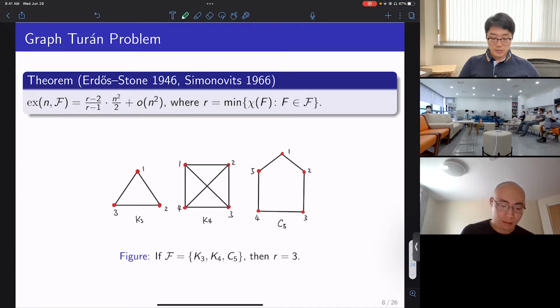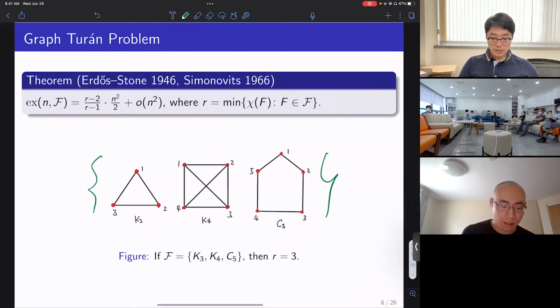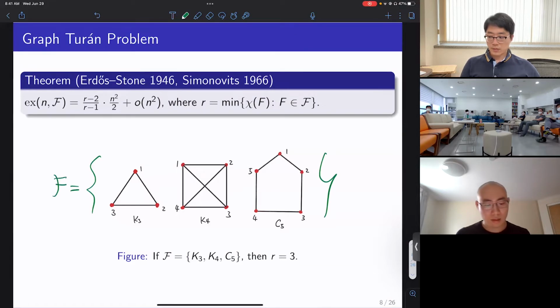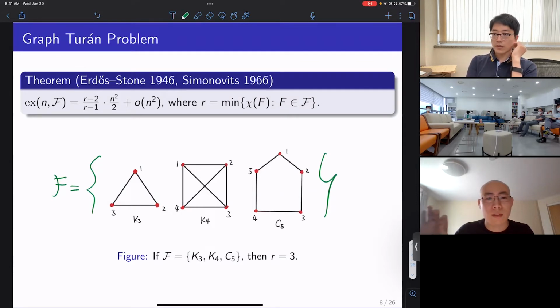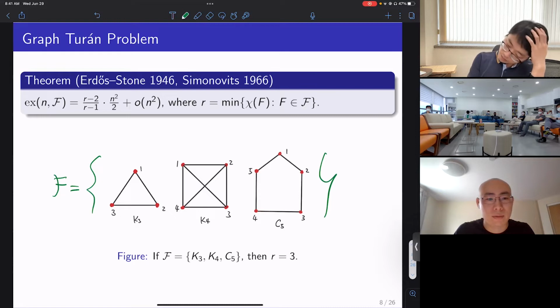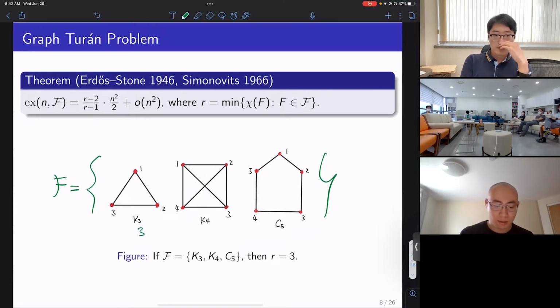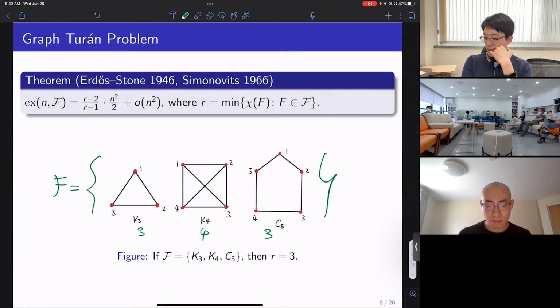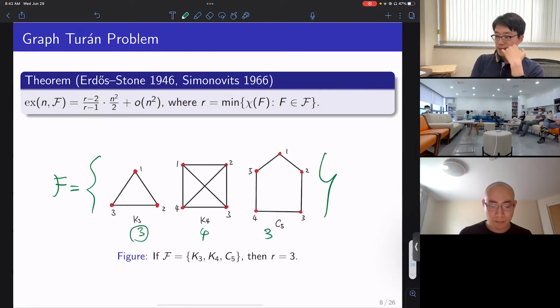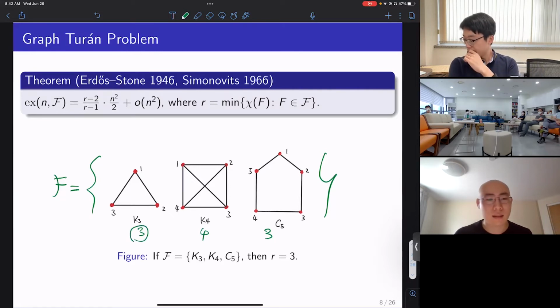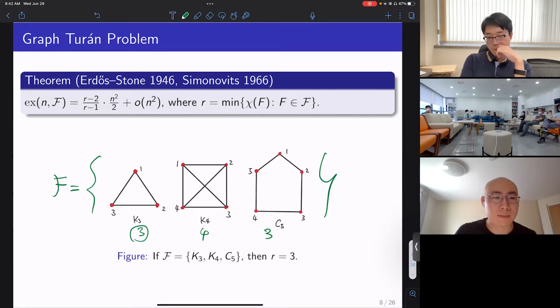Say you are given this family F. The chromatic number of this family is the minimum chromatic number of every member inside F. So for K3, the chromatic number is 3. For K4, the chromatic number is 4. C5 will get 3. So the minimum is 3. That's the chromatic number of this family.